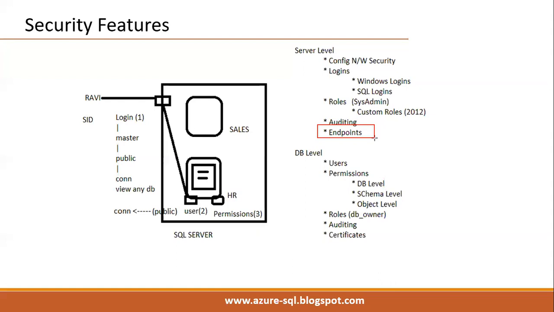For example, these endpoints are used in database mirroring and Always On. So these are the various features as part of server level security. We'll see all these in detail one by one.